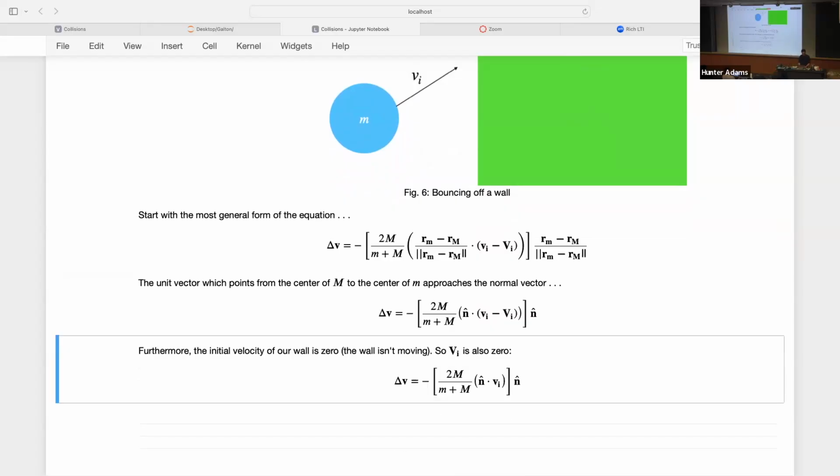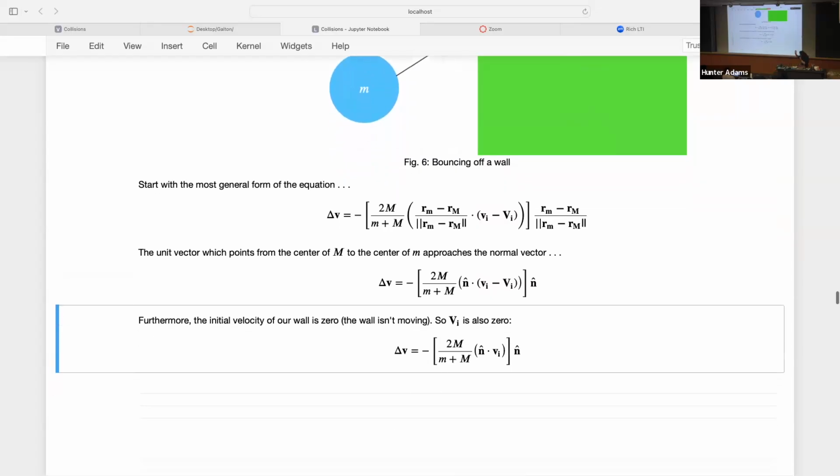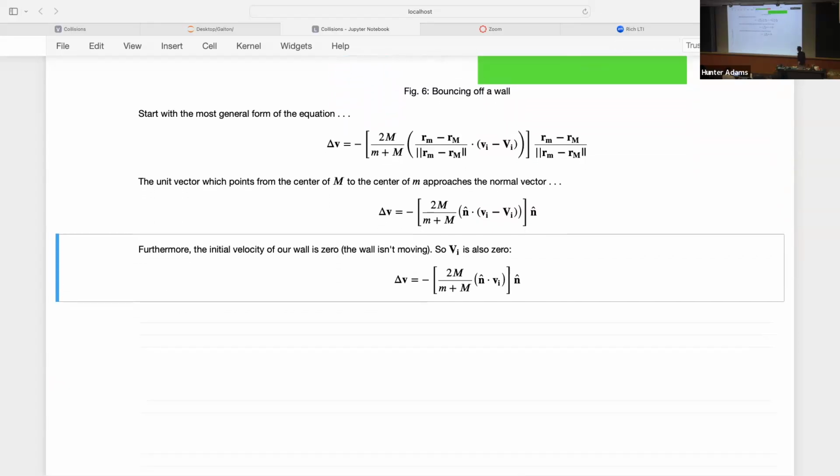And furthermore, another thing: the wall isn't moving, of course, and so big V_i here, the initial velocity of the big ball, is 0 because the wall is stationary. So that term simplifies. We're not left with little v minus big V, but just little v.